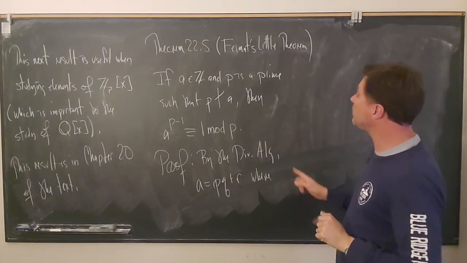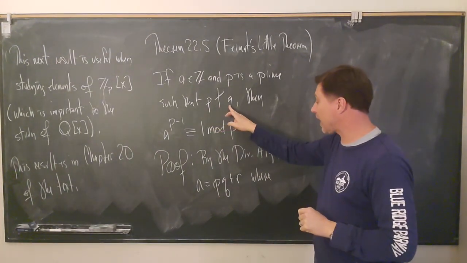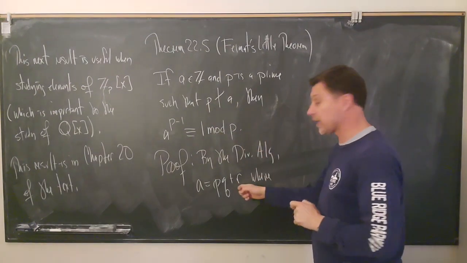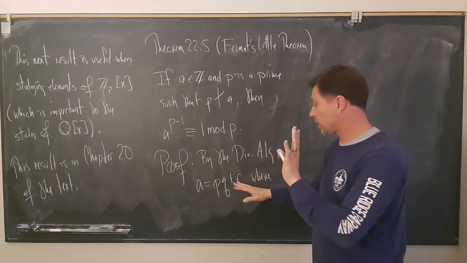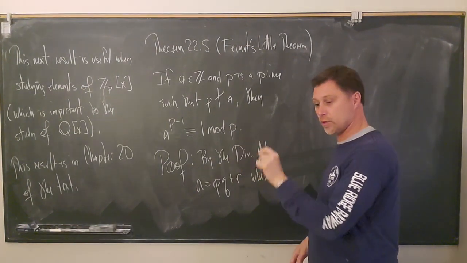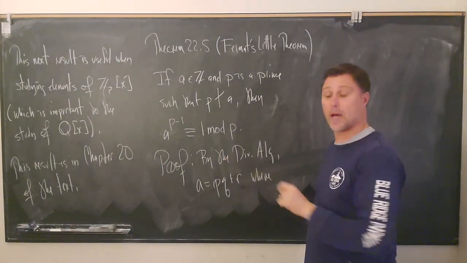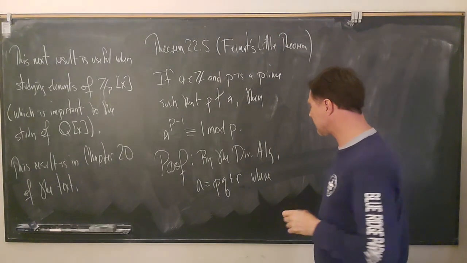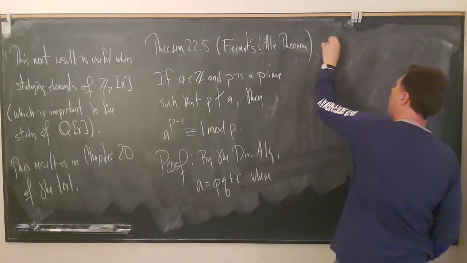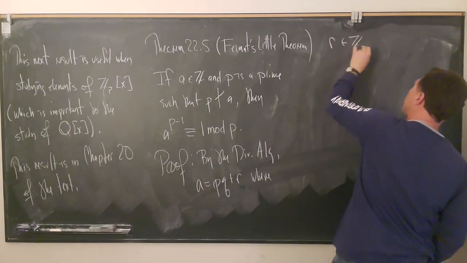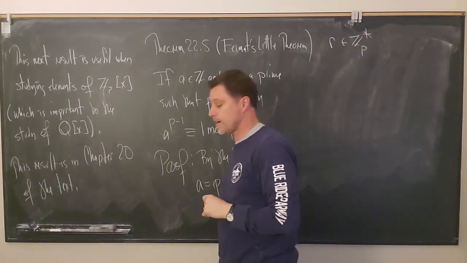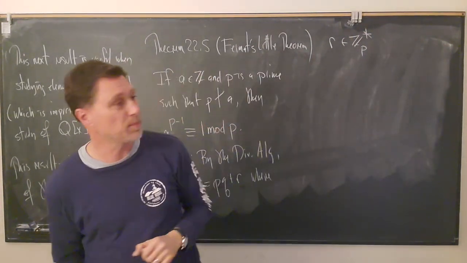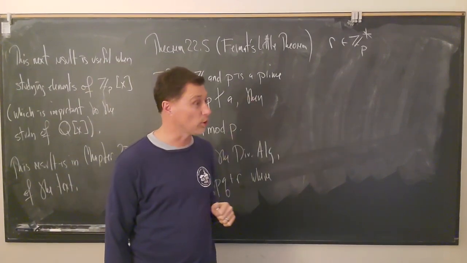But we assumed here that p does not divide a, which means that r cannot be equal to 0. So r is in the range 1, 2, 3, up to p minus 1. We can say that like this, where r is in Zp star. Remember, Zp star means remove 0 from the set.